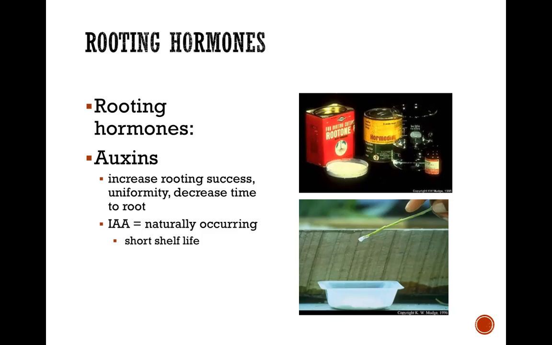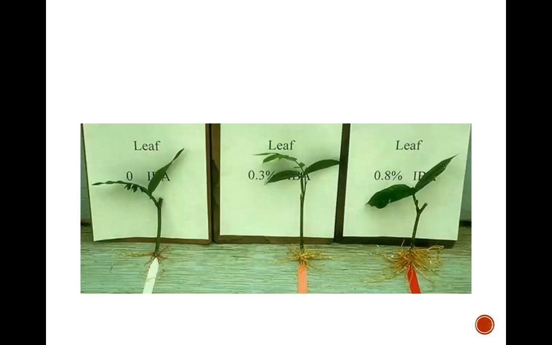And so you can expose that stem or that leaf to more auxin, and that will induce rooting. You can see in this diagram, this picture of this experiment, three different stem cuttings that either did or did not receive IAA.